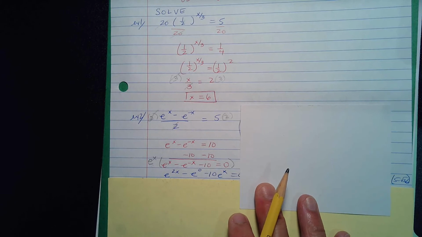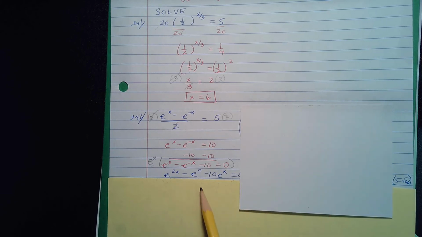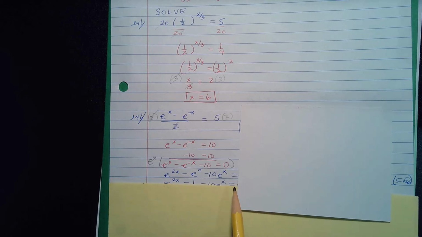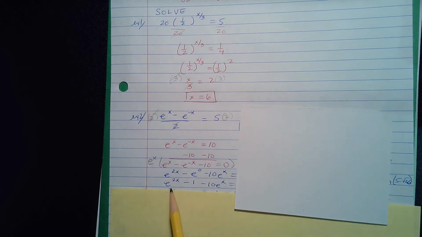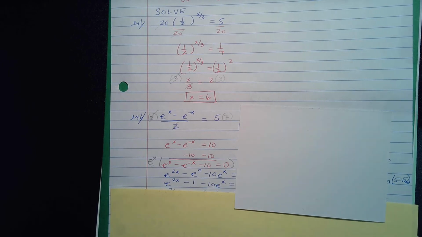So now you notice we have a quadratic equation. Highest degree is 2. So this is now e to the 2x minus 1 minus 10 e to the x. I'm going to write this in standard form, highest degree first.